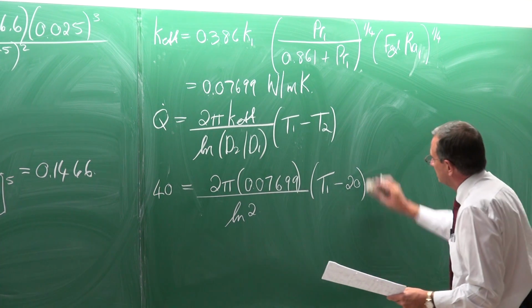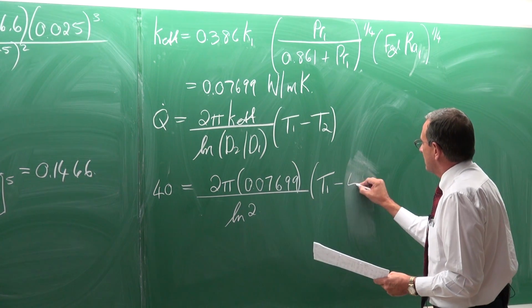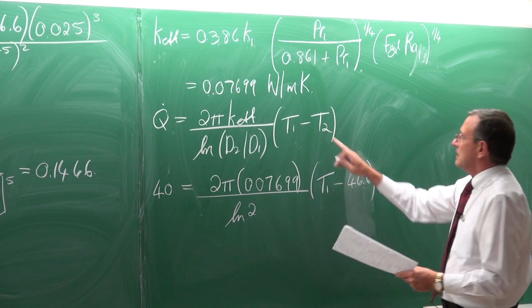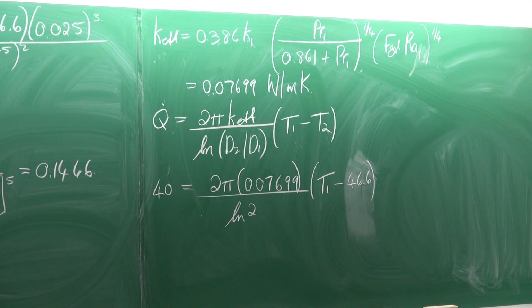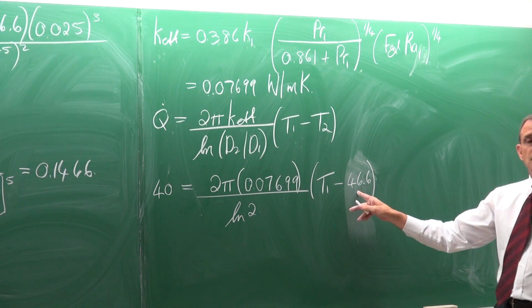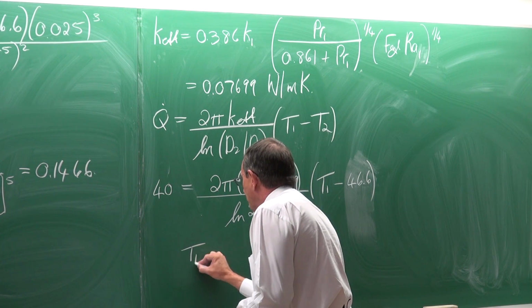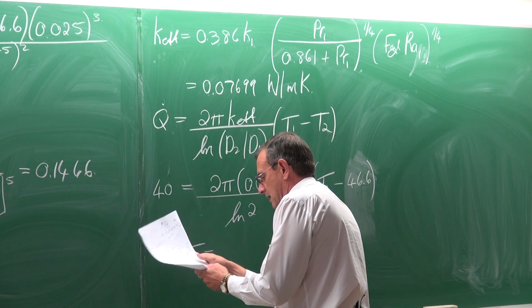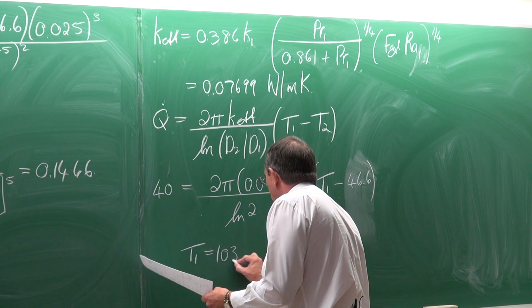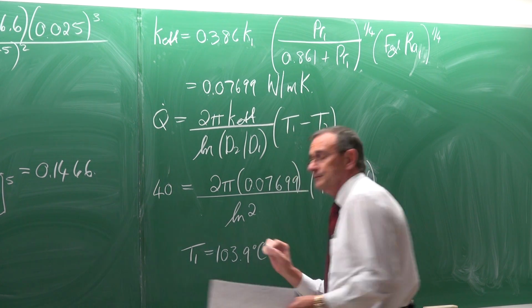Sorry, not 20. 46.6. It's a temperature difference between the two tubes. It doesn't have anything to do with ambient. Now we can calculate the wall temperature of the aluminium, and I calculated 103.9 degrees Celsius.